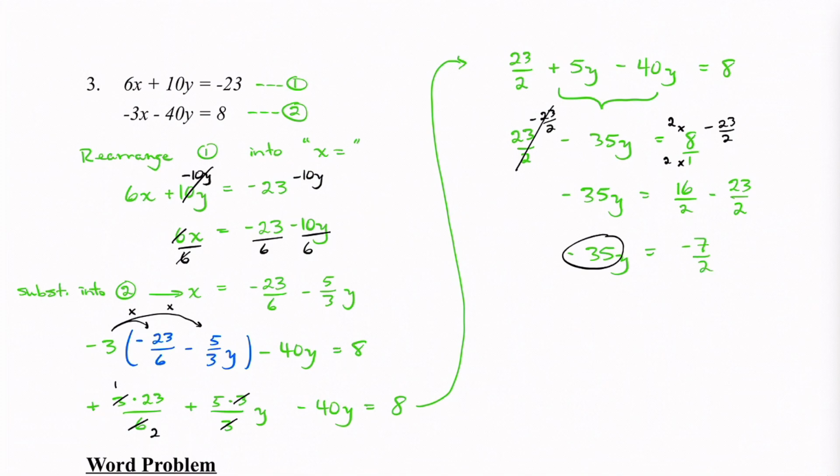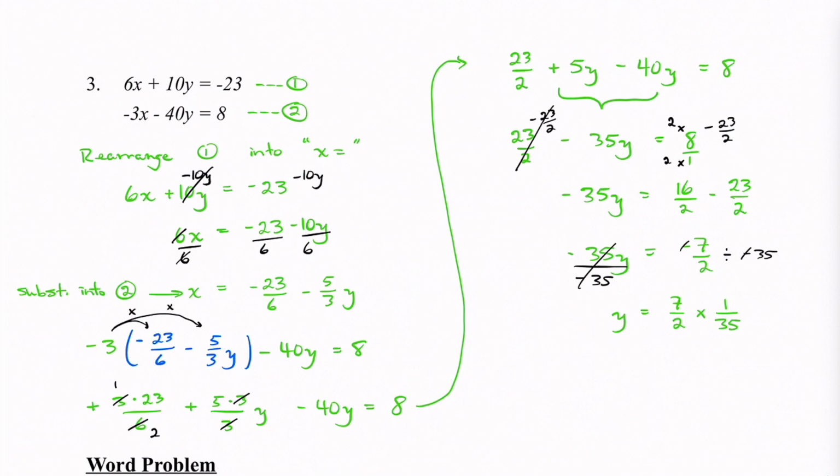And then I still have to get rid of this negative 35, so I will divide by negative 35, and I'll do the same on the other side. But this one has a fraction, so instead I'm going to do it like this: divide by negative 35. The negatives will cancel there, and all of this will cancel there. So I have y equals 7 over 2, and then rather than dividing by 35, I'm going to multiply by the reciprocal.